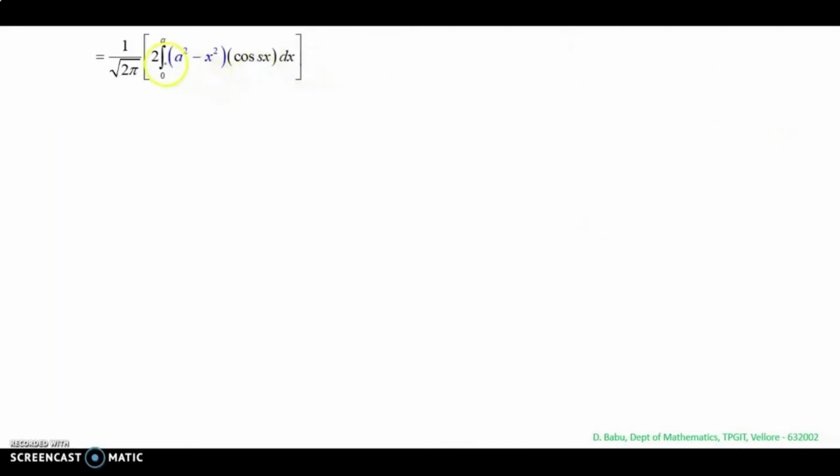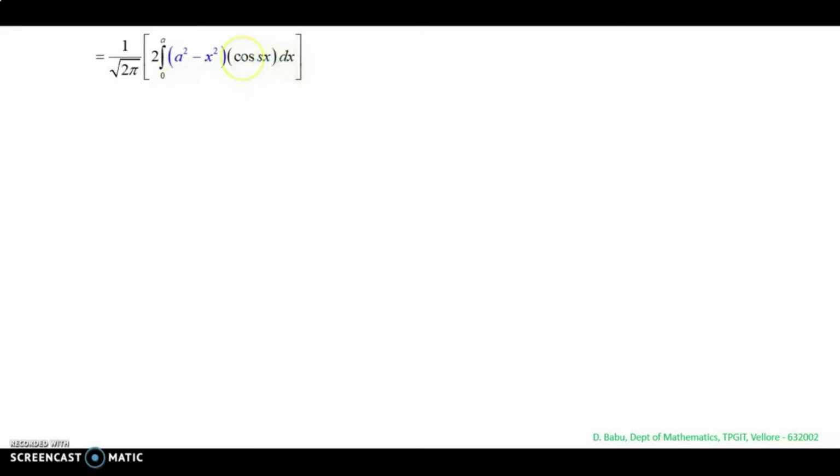If the integrand has only one term, then we can easily integrate. But here the integrand has two terms, namely a square minus x square and cos sx. Therefore, we have to apply the Bernoulli formula. For the Bernoulli formula, we have to choose u in such a way that the nth differentiation of u is 0 for some finite n.